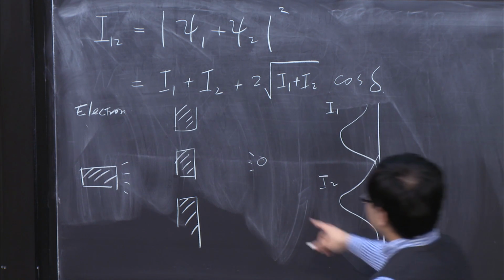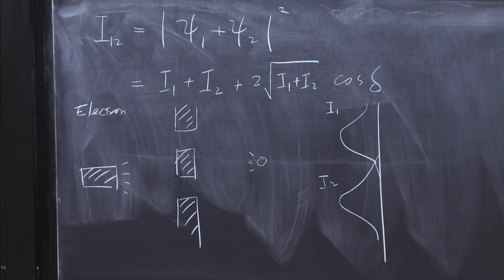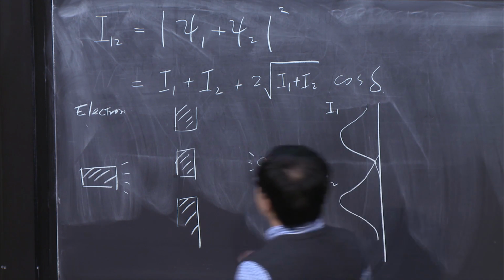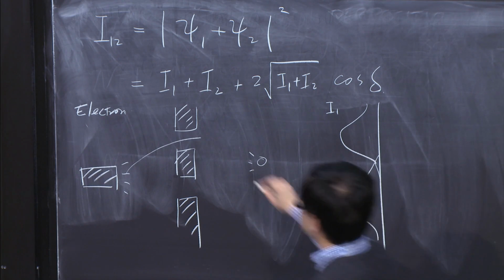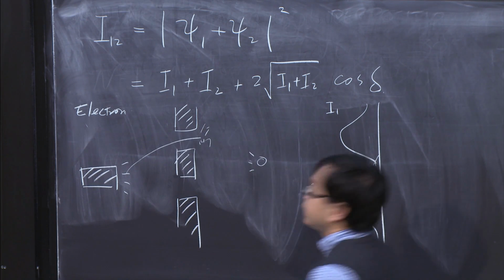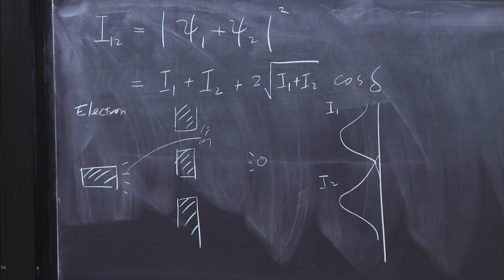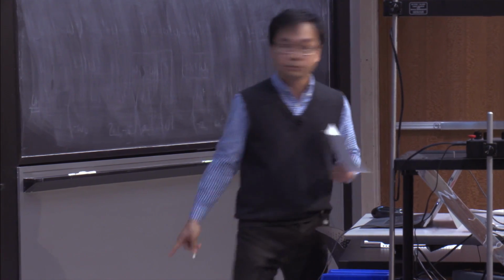And this light source is interacting with the electron. When an electron passes through this slit, you will see some scattered light coming from that slit. Therefore, you can know which slit the electron passed through.